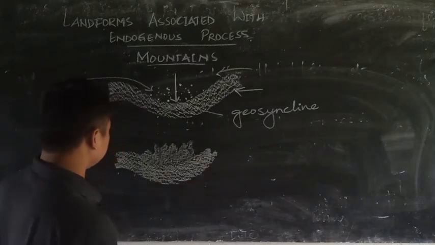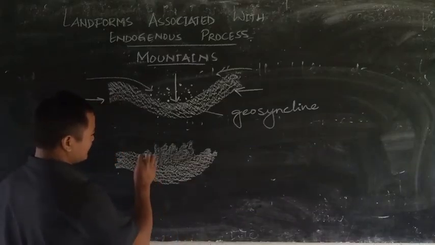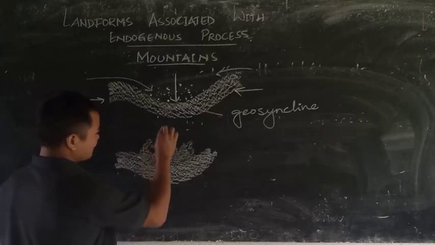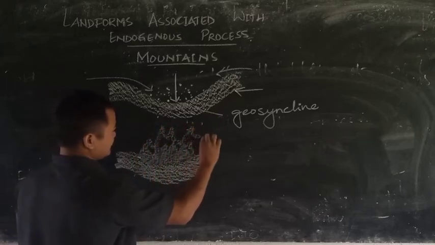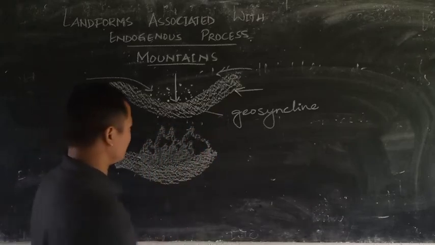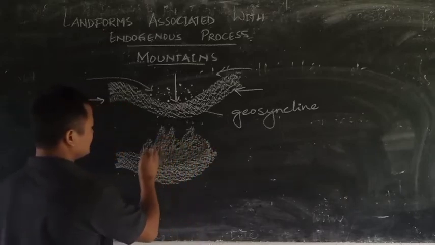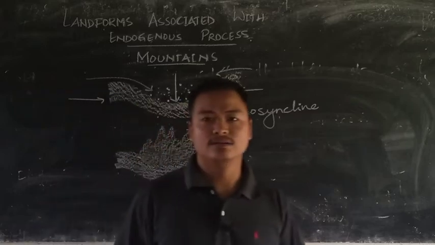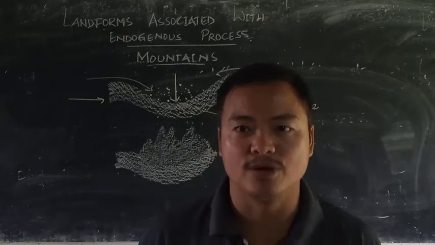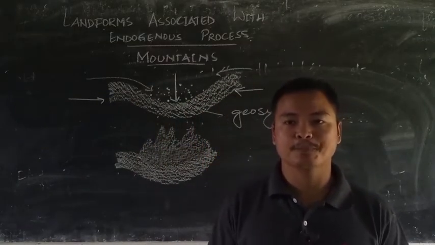With further application of the force, the height of these very folds tends to increase, and then we see the fold mountains being formed on this Earth's crust. So this is how the fold mountains were formed on this Earth's surface.